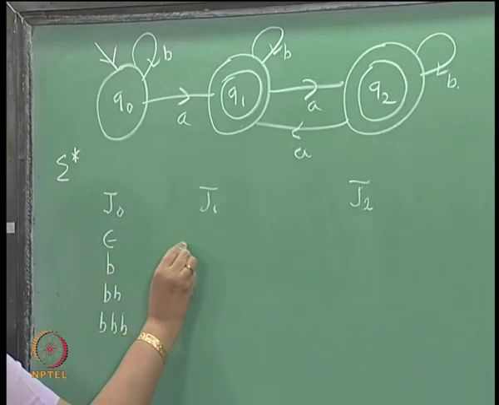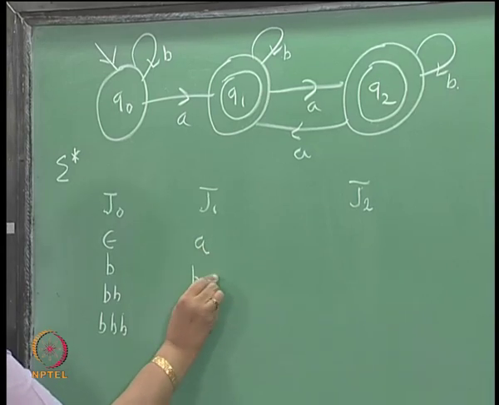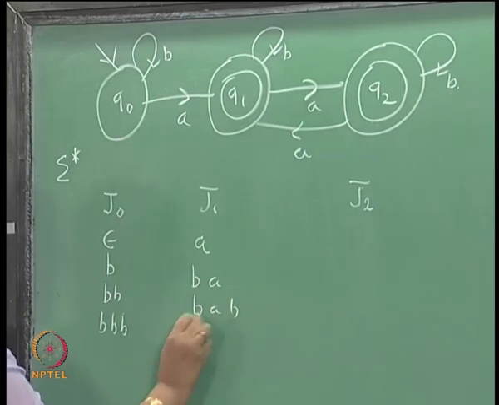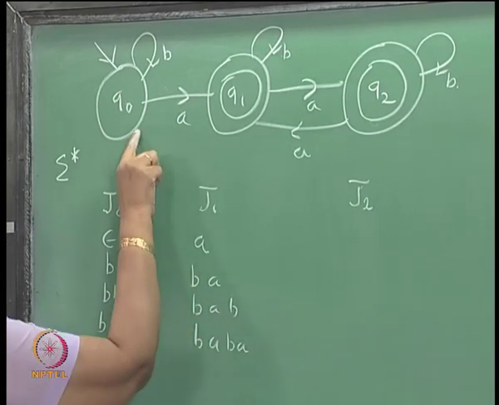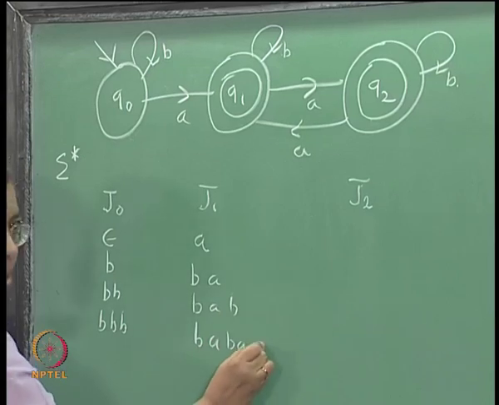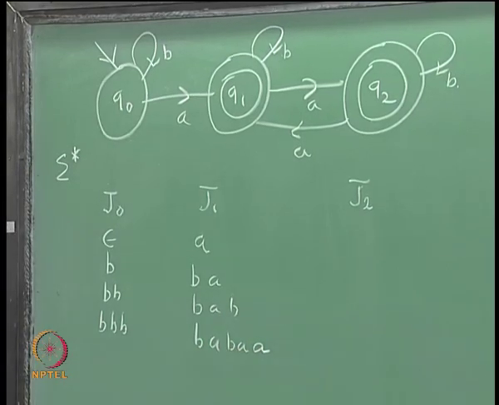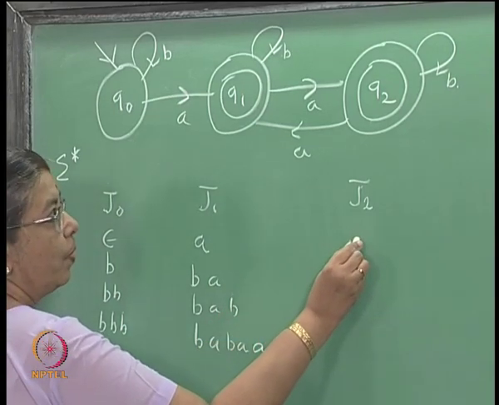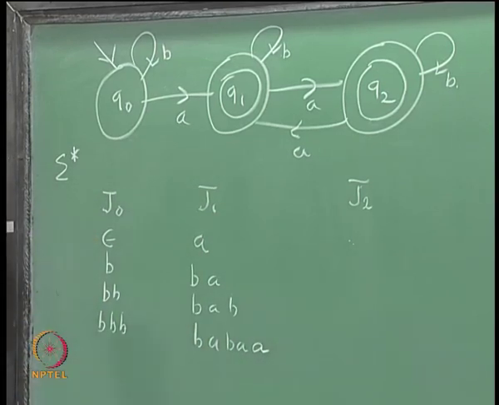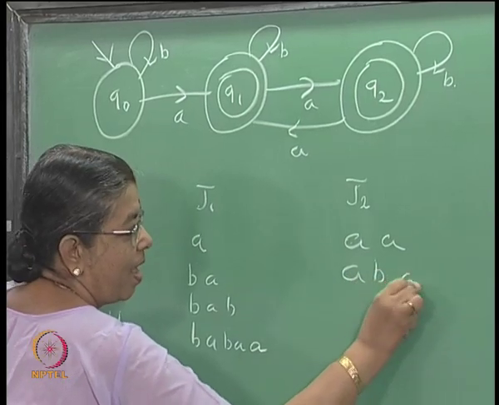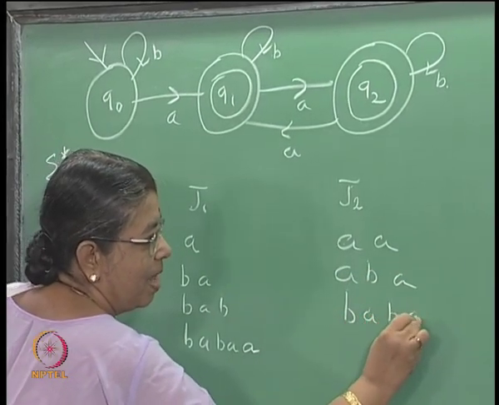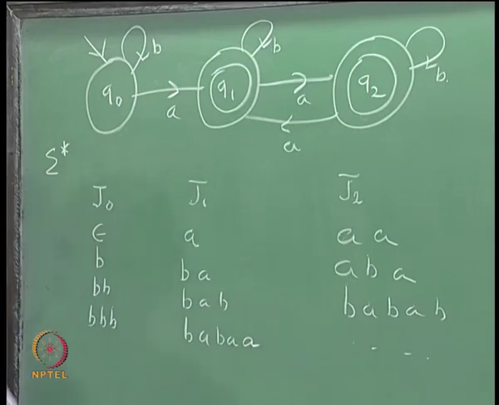This will have A, BA, BAB and so on. And what sort of strings will be in J2? Set of strings which take you from Q0 to Q2, that will be AA, ABA, BAB and so on.